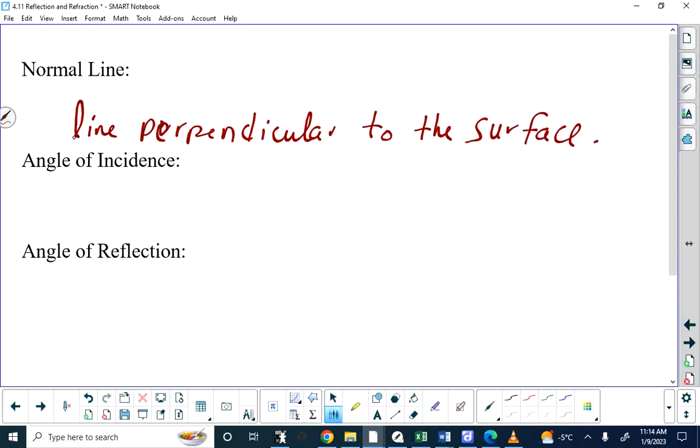So when I talk about reflection of light from a mirror, if the board is a mirror, the normal line is this line. It's a line perpendicular to the surface of the mirror.